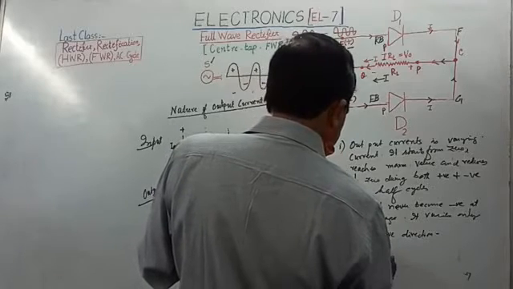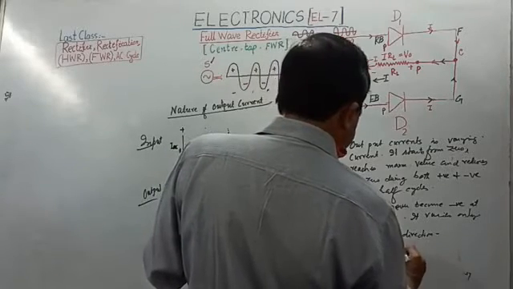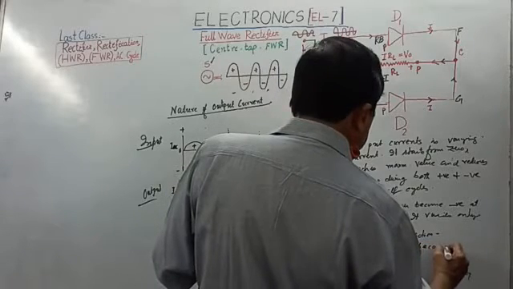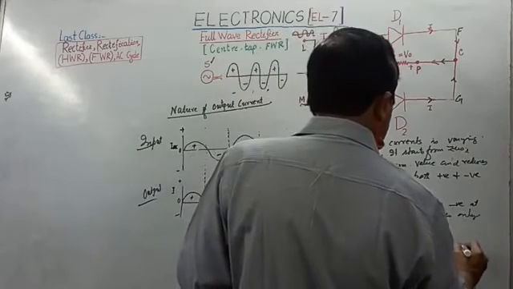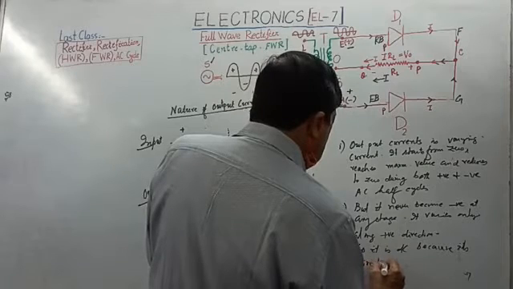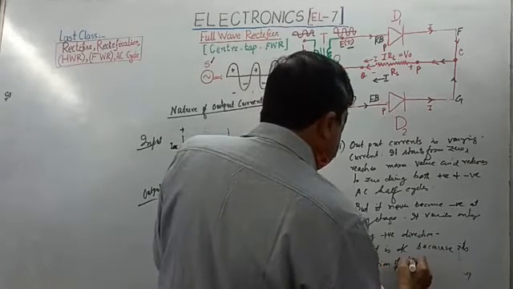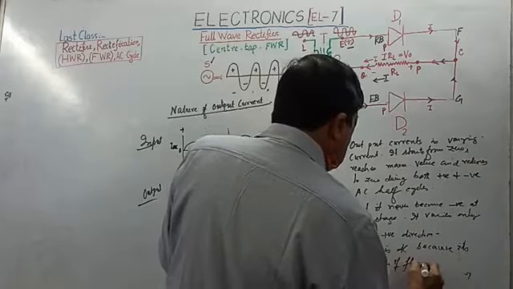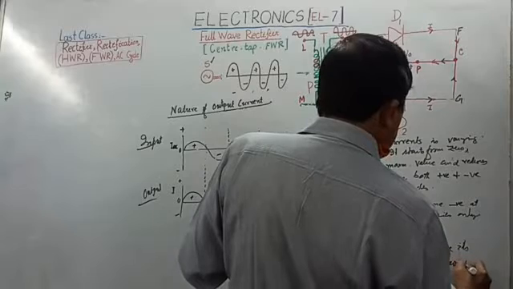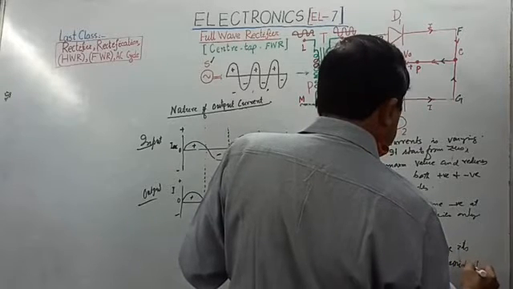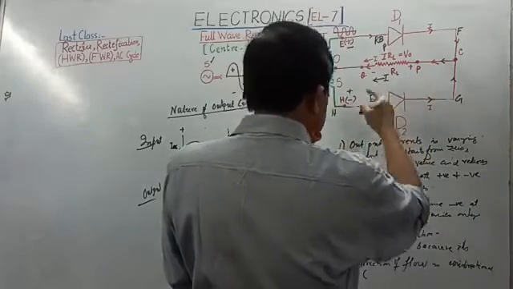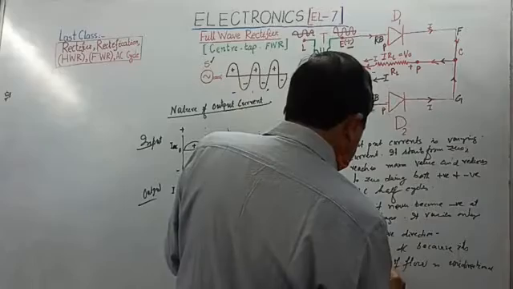So, it is DC because its direction of flow is unidirectional from P to Q. P to Q.